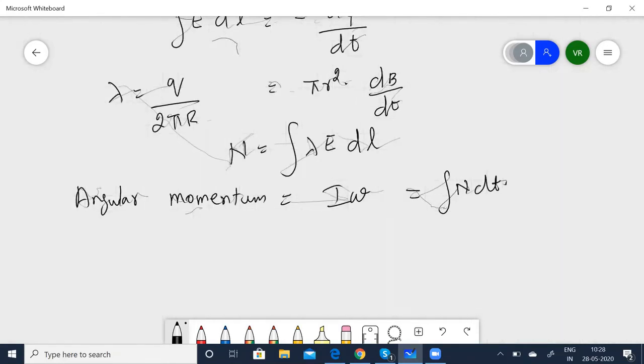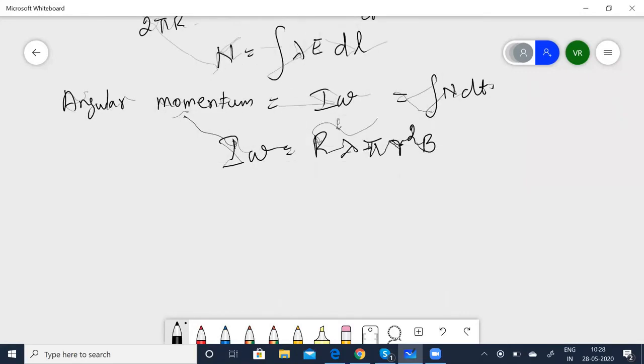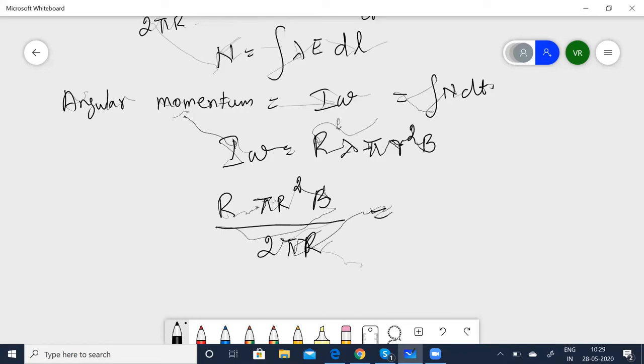So from this you get I omega is equal to r lambda into pi r squared B. You can substitute the value for lambda, so that gives you r into pi r squared B by 2 pi r, equal to m r squared omega.